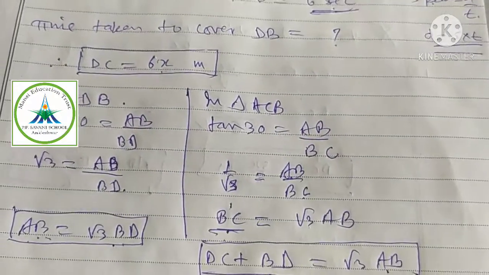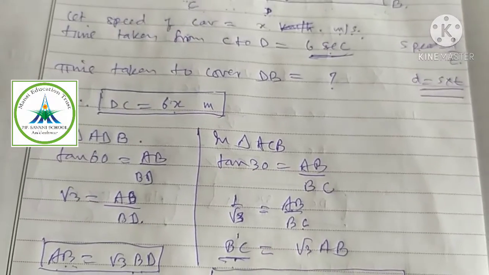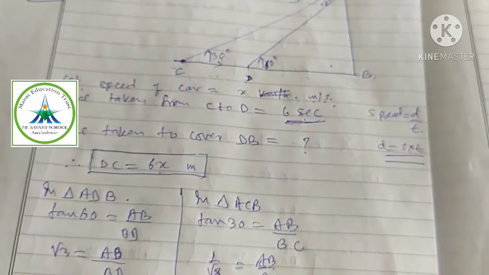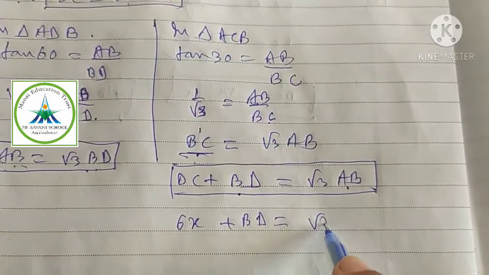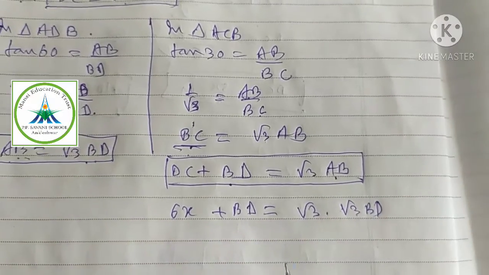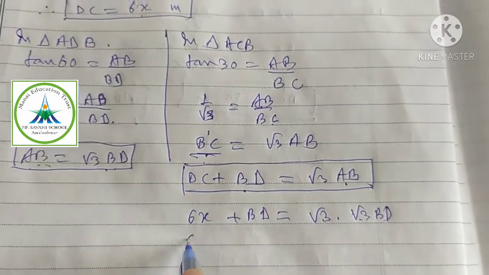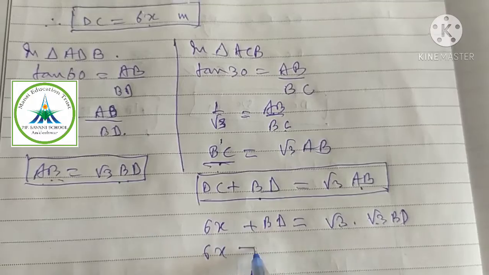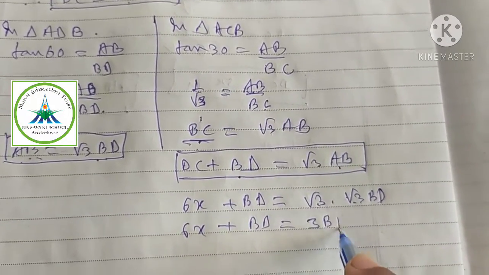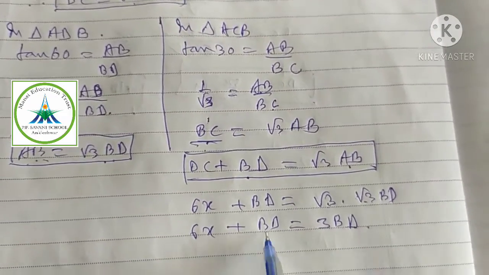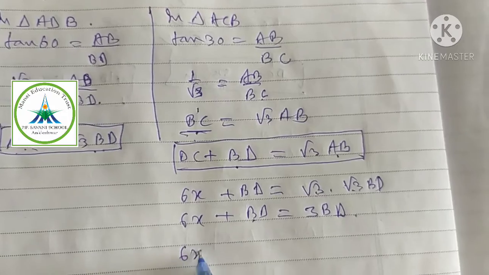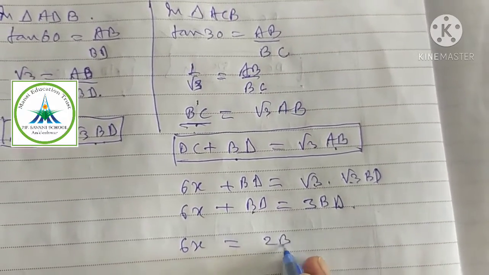We can write it as 6x plus BD, equal to root 3 into root 3 BD. Right? So 6x plus BD equals 3 times BD. Yes or no? So BD is coming to this side. Okay. So 6x equals 2 times BD.